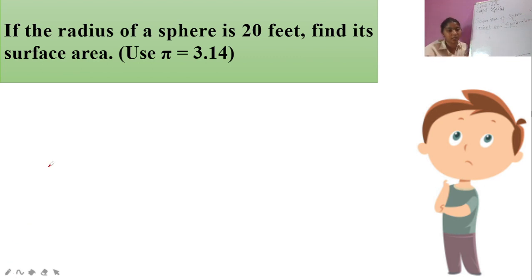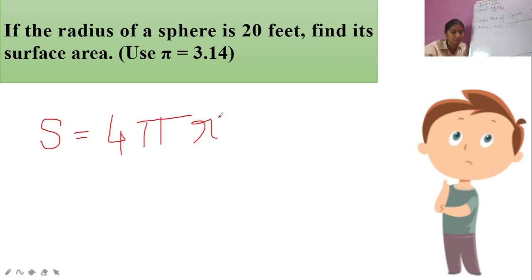So the surface area of a sphere, that is 4 pi r square, right? So we know 4 pi, we have to use this value.